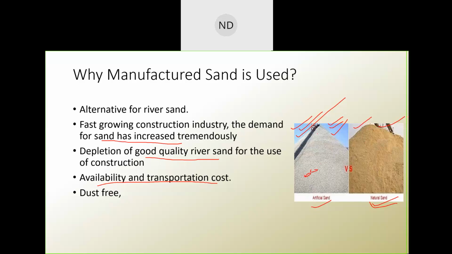If you want the size to be more, you can ask the artificial sand makers to make it in this size, and they will give it to you. You crush the granite stone and then separate the pieces, so you can choose the size.